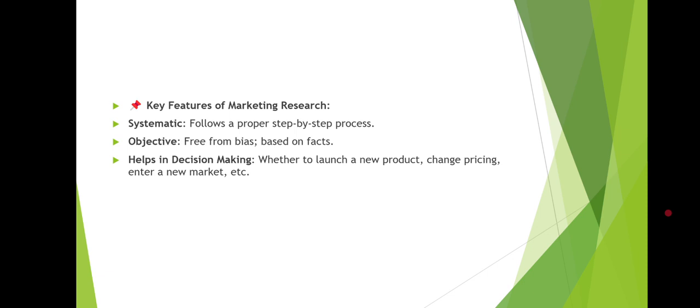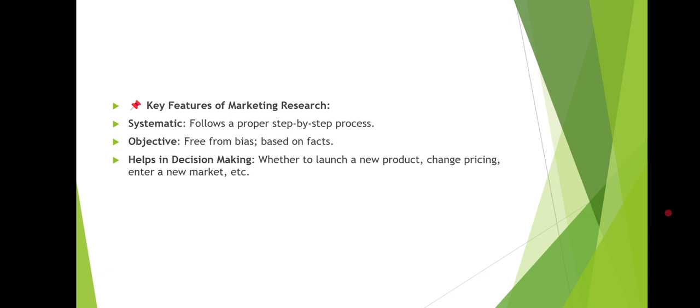So these are the key features of marketing research. Basically it is systematic. You have to follow the process, each and every step. And what is the objective of marketing research? Basically it is free from bias, and marketing research is based on facts.